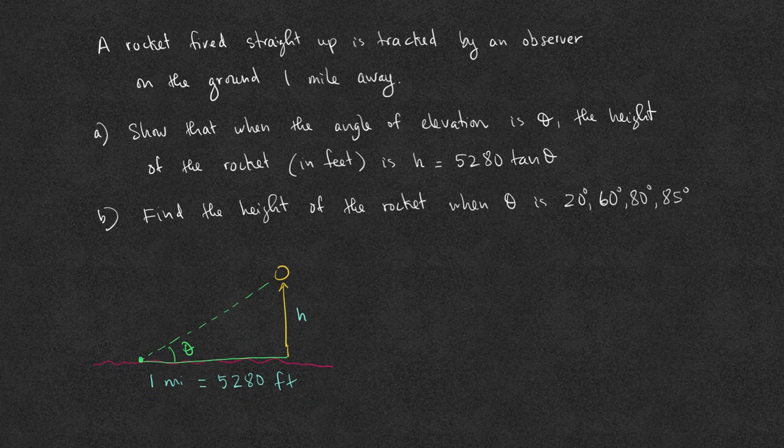And so, using the trigonometry of a right triangle, we have tangent of theta equals opposite h over adjacent 5,280. Isolating h, we have h equals 5,280 times tangent of theta. This is what we need to show. We obtained the same formula that they asked us to show in the problem.